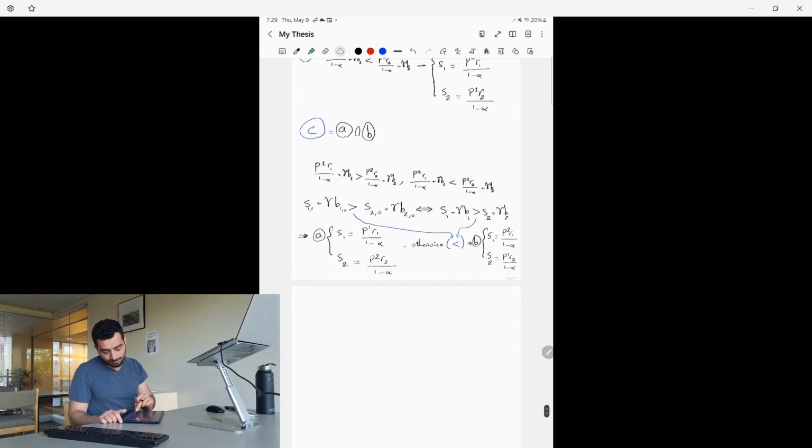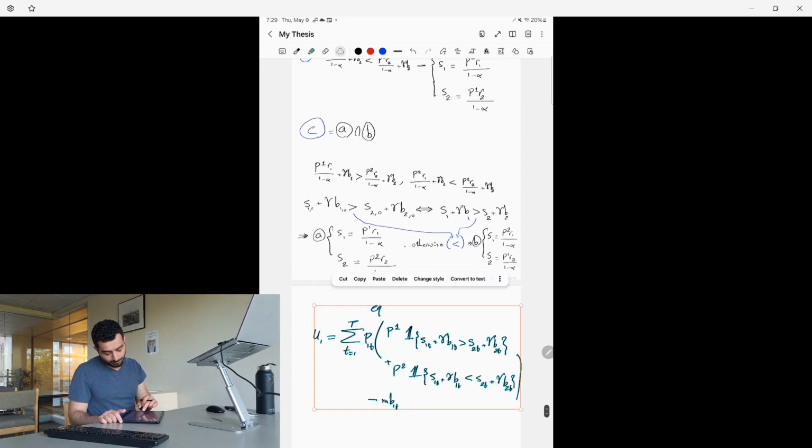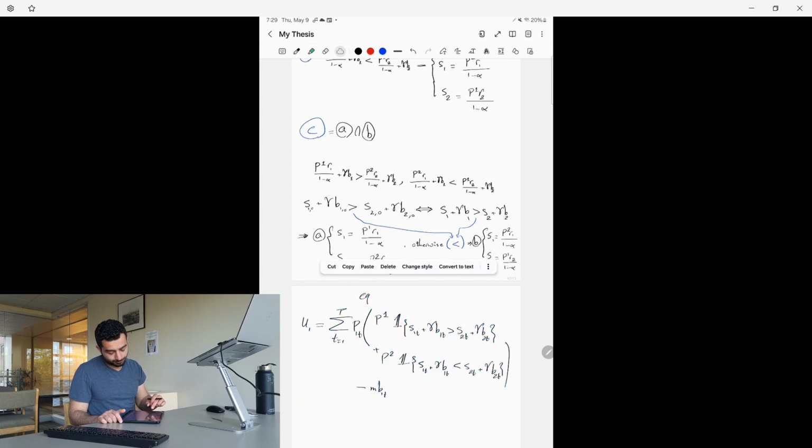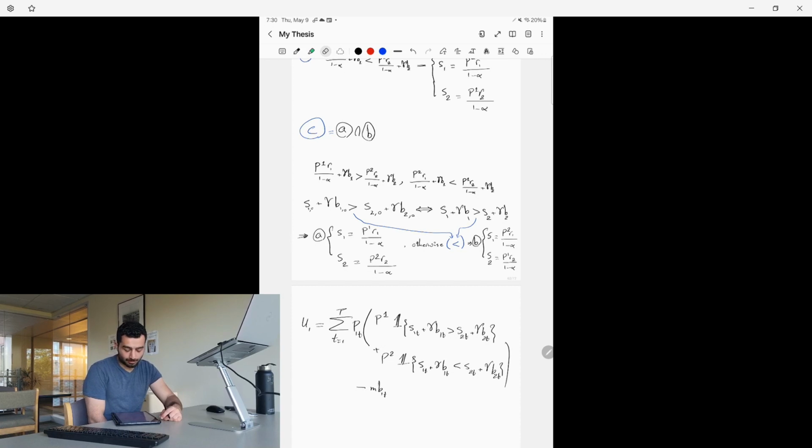So now let's bring utility. P1 times S1t plus gamma B1t. Sounds good.